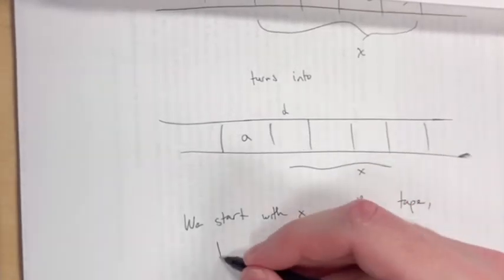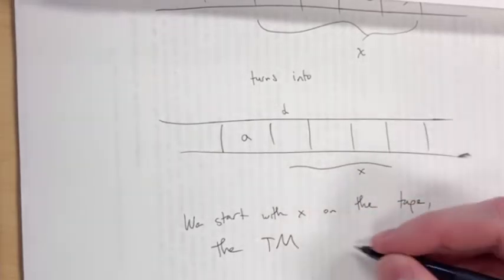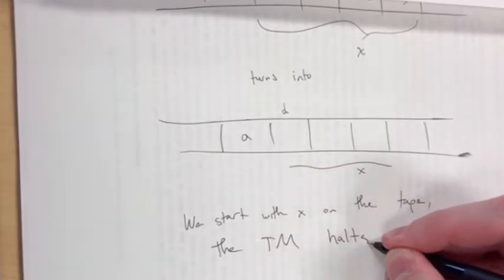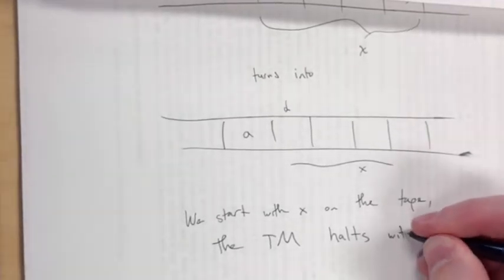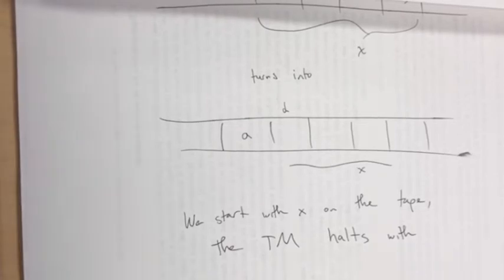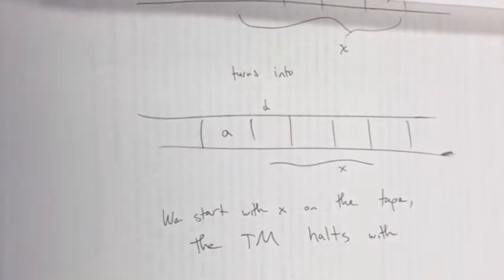And the Turing machine, this is the language that we use for this, halts, that is, it does whatever it does until it stops, right? The Turing machine halts with, what's going to be on the tape when it halts? What's the string that you see on the tape? AX, right?